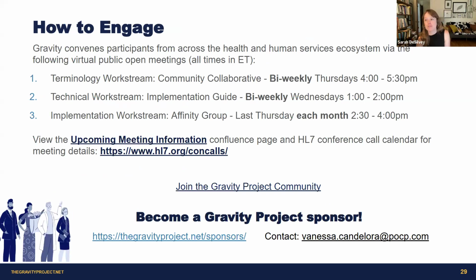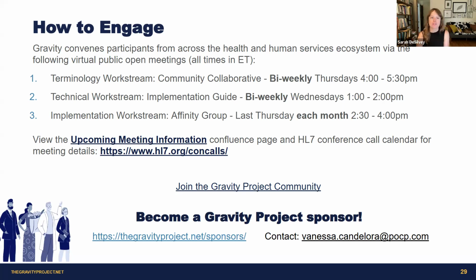These are the different meetings coming up. The terminology work stream meets bi-weekly Thursdays 4 to 5:30. We were on a brief hiatus, but we're kicking off again on July 11th. Join us on July 11th as we kickstart a summer topic of program enhancements, including work on developing an open consensus program classification, and talking about different topics regarding program documentation.